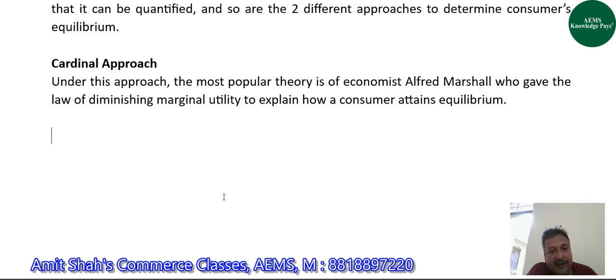Suppose somebody consumes a samosa and some other person asks him, what is the level of satisfaction that you have obtained by consuming the samosa? He may say 80 or 100 or 50 or 20. So he can express his level of satisfaction in terms of a number. Am I clear?